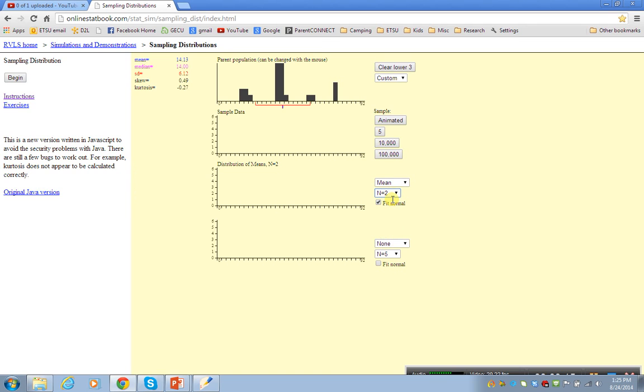So compare this to if I did n equals 2, 100,000 times. Does this look like a normal distribution? No. If I do n equals 5, 100,000 times, it looks more like a normal distribution. Still not quite there. Do n equals 10, 100,000 times.